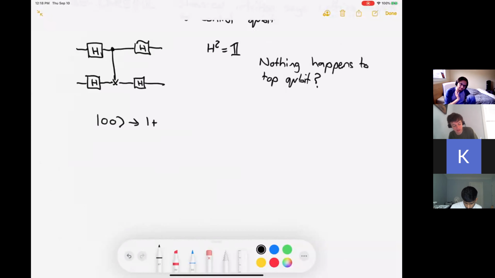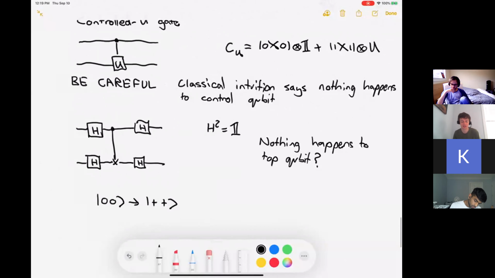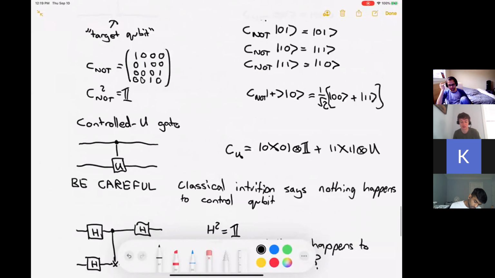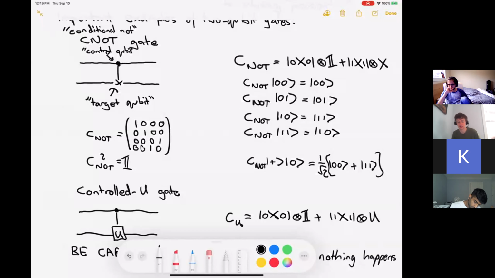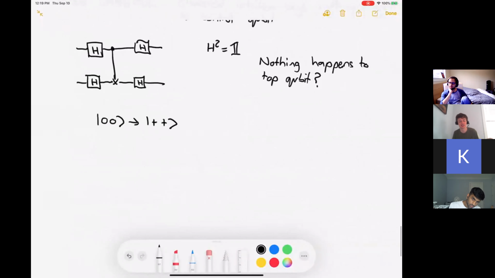Apply 2 Hadamards, it goes to plus plus. What about when we apply a C0 gate to plus plus? This one's a bit more non-trivial, but plus plus looks like 0-0 plus 0-1 plus 1-0 plus 1-1. That's going to go to 0-0 plus 0-1 plus 1-1 plus 1-0, which changed the order of the terms in the sum, but left it unchanged. So that stays as plus plus.